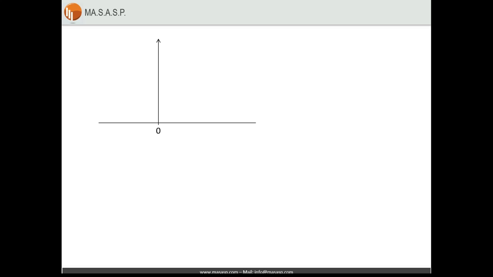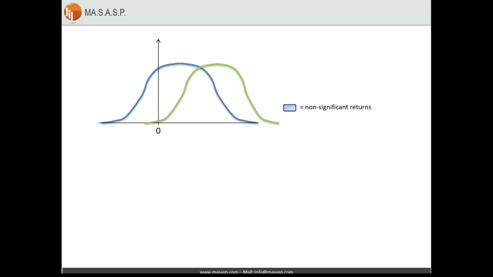In statistical terms, a system like this, with this profit and loss distribution, is not significant because the lower confidence limit of its expected value is negative. This other system instead is significant because the lower confidence limit of its expected value is positive.